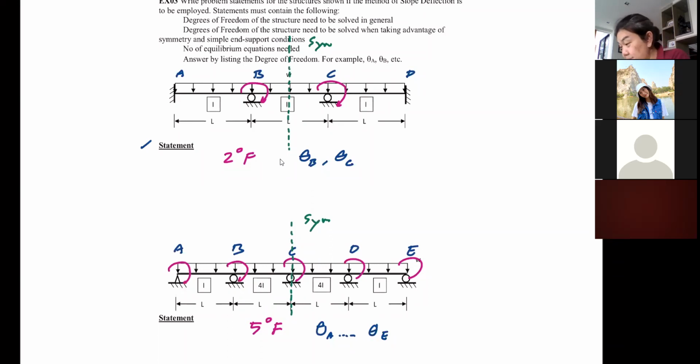So let's say when I draw the deflected shape of the beam, this is a fixed end, so it's zero rotation, right? This line should be exactly the same and opposite to this one. Am I right?